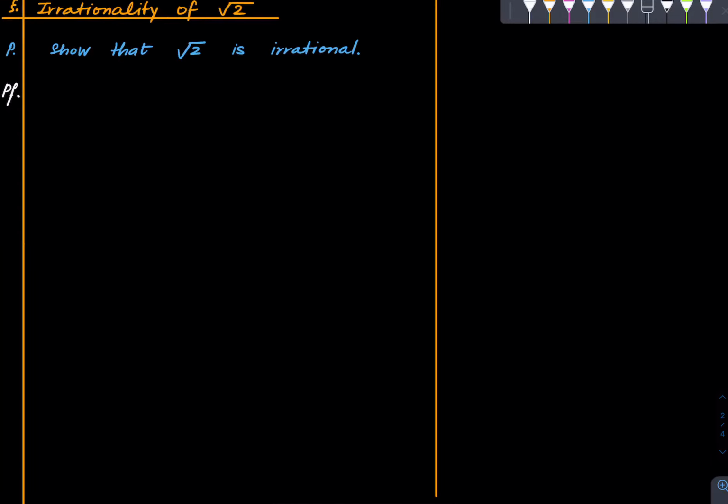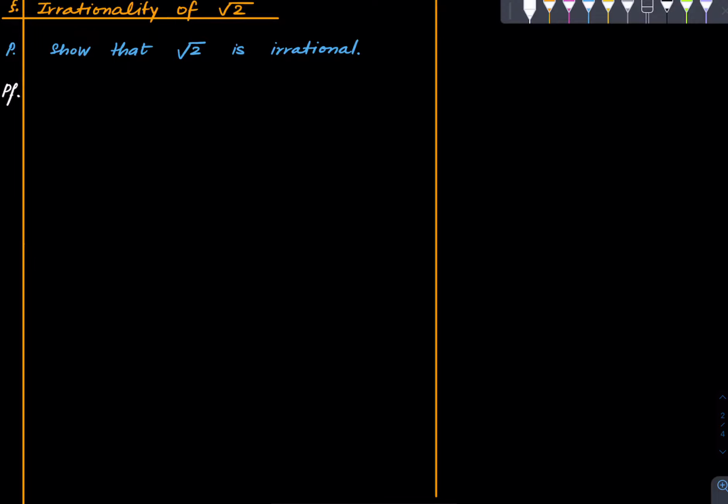So what we will be doing is showing the classical result that this number is irrational. In other words, it just means that there is no rational number whose square is 2. Okay.